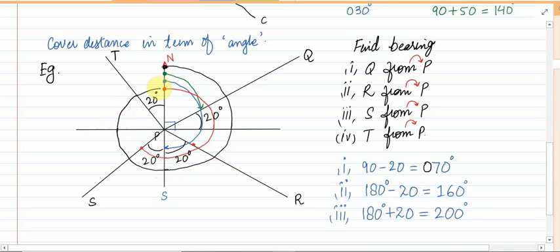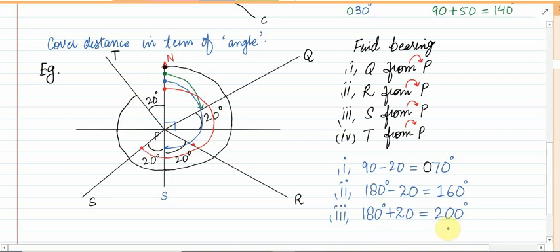I had covered 360. But what I realized is that I had covered 20 degrees extra. So if from 360 degrees I subtract this 20 part, that will be my bearing that I was looking for, right?